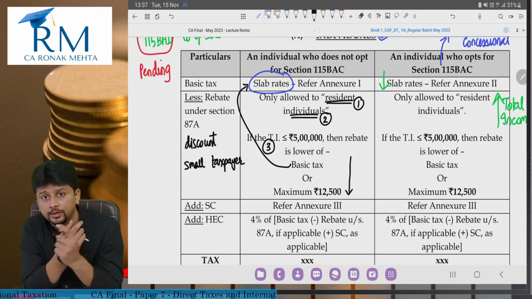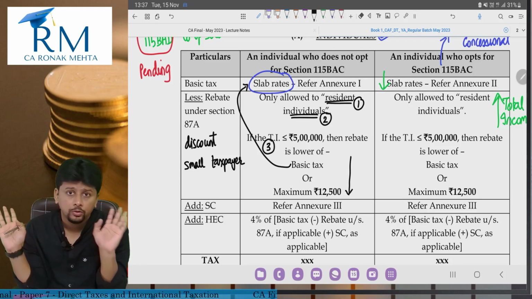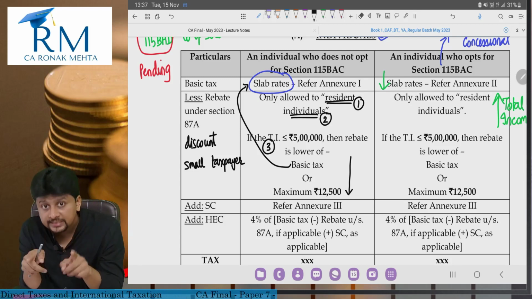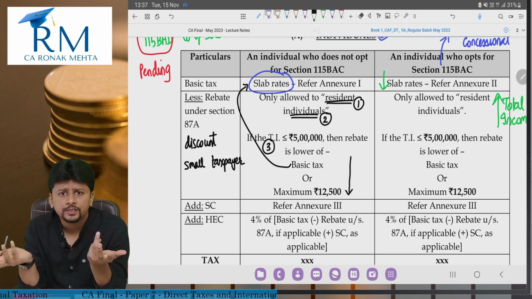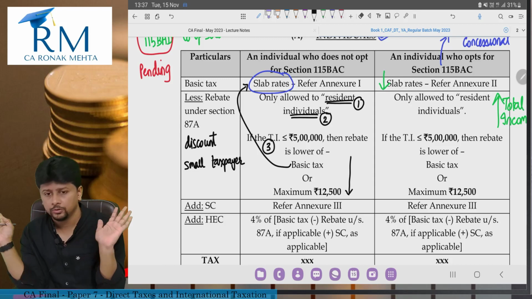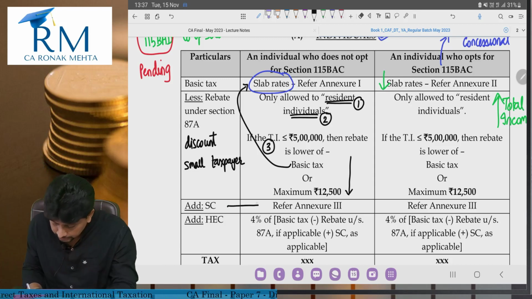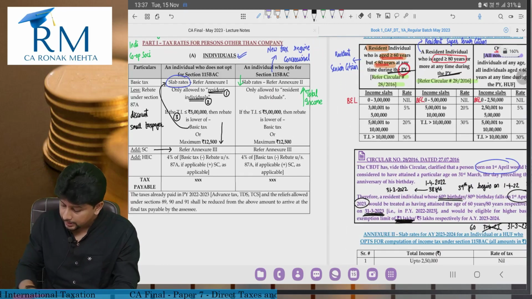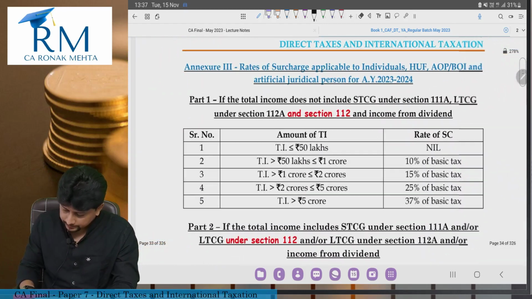So if you are a non-resident, no rebate. If you are not an individual, no rebate. If you are a resident individual but your income is above 5 lakhs, why do you need a discount? You are capable enough to pay the tax. No discount, no rebate. Add surcharge. Now, surcharge calculations.